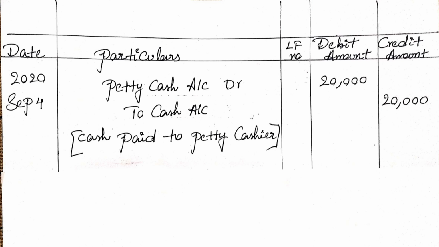So for this transaction, we will record petty cash account debtor to cash account, because while transferring the amount to petty cash account, the main cashier presumes that petty cash account is an expense. So he is debiting petty cash account and crediting cash account, because cash account comes under real account. The rule for real account is debit what comes in and credit what goes out. So cash is going out to petty cash account. That is why we are crediting cash account.